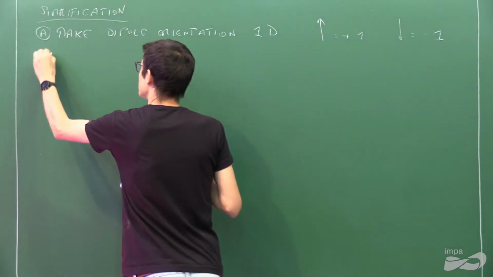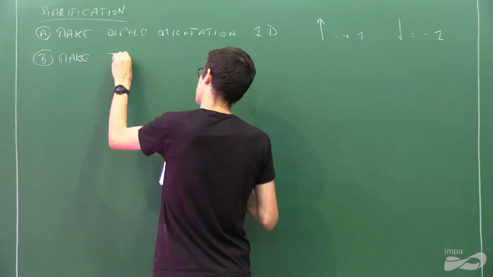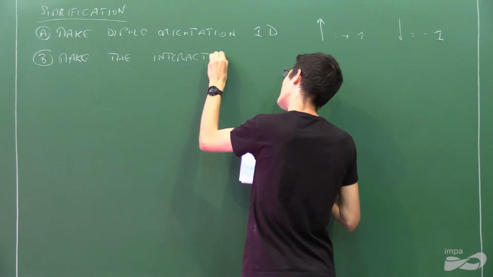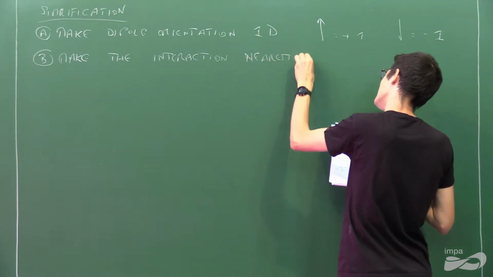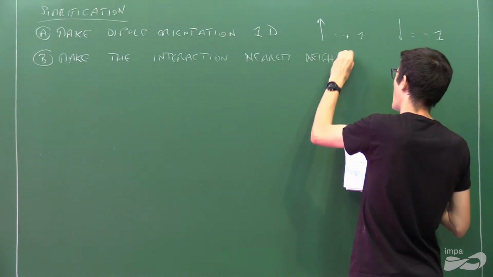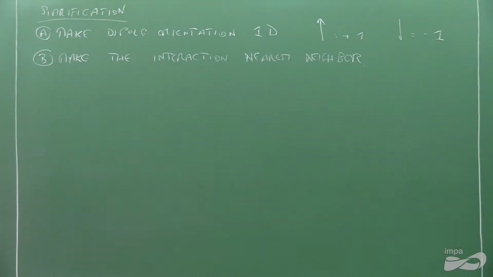And a second thing that we are going to consider is we are going to make the interaction nearest neighbor. Okay, so normally, if you have a magnetic dipole somewhere, it interacts with the whole space and in a way that decays like a power of the distance.